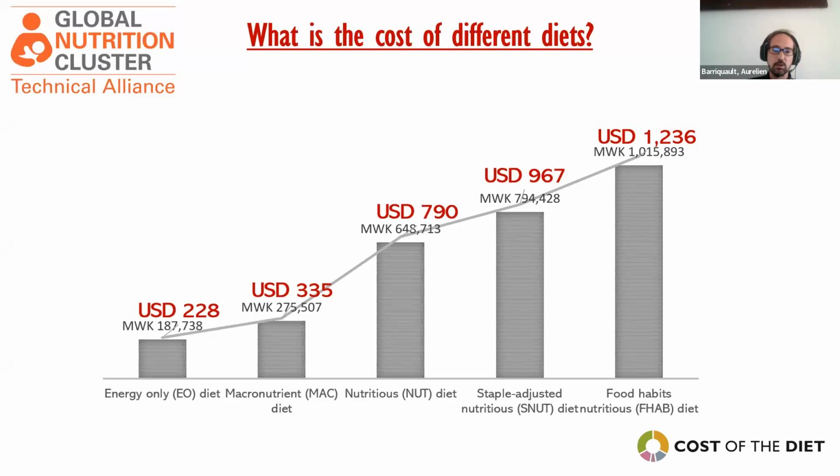As you can see, the cost of the diet has significantly increased, from 228 USD for the energy-only diet up to more than $1,200. So this is just to show you that whenever you run those different diets within the software, the food habit nutritious diet is usually the one with a much higher cost.